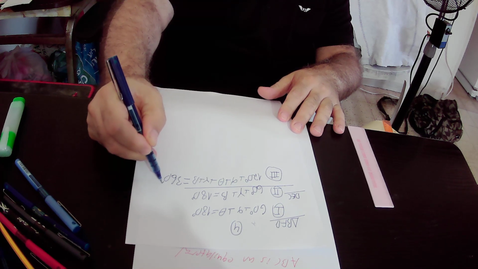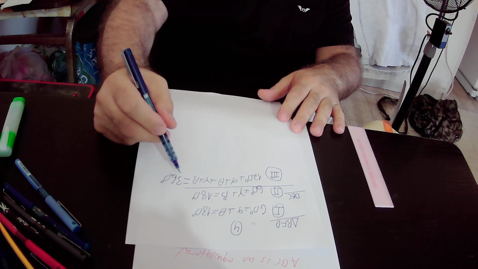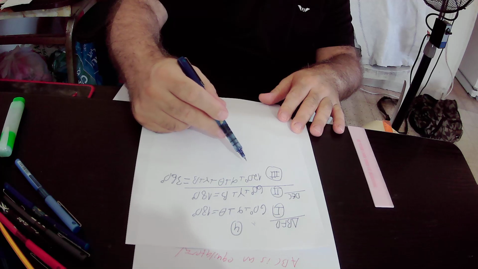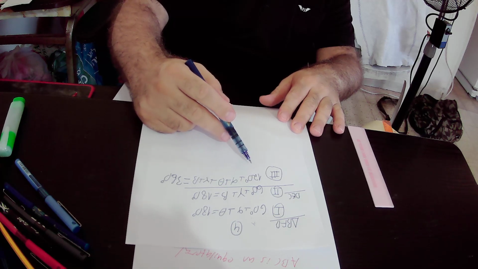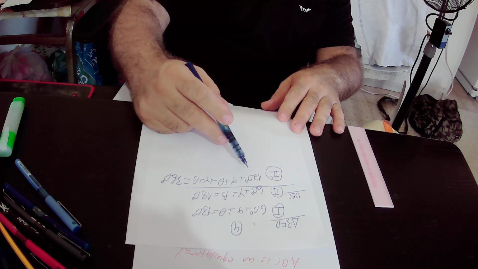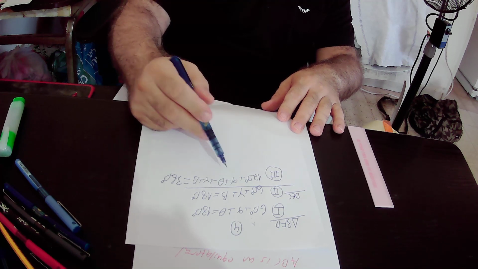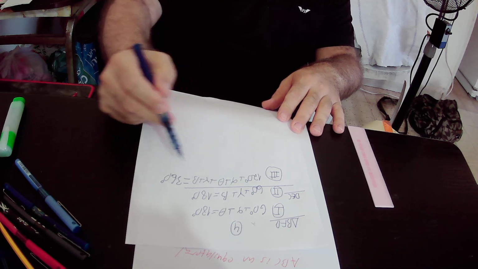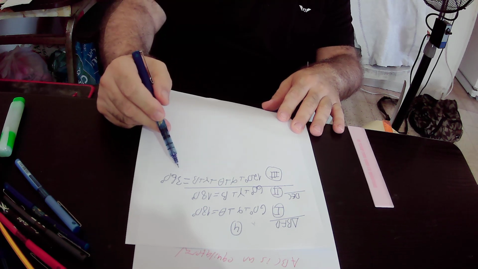So in our third equation we have 120 degrees plus alpha plus theta plus gamma plus beta equals 360 degrees.